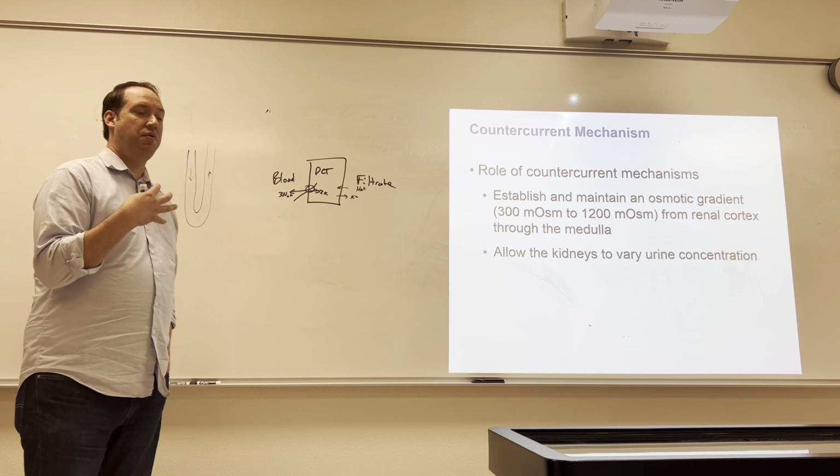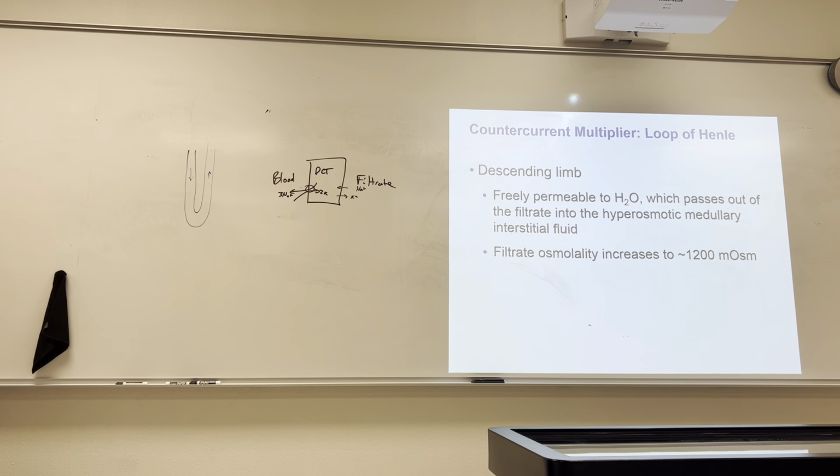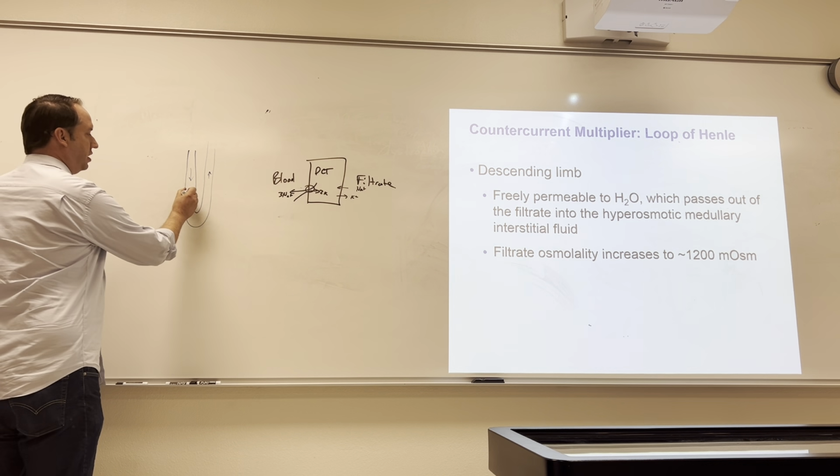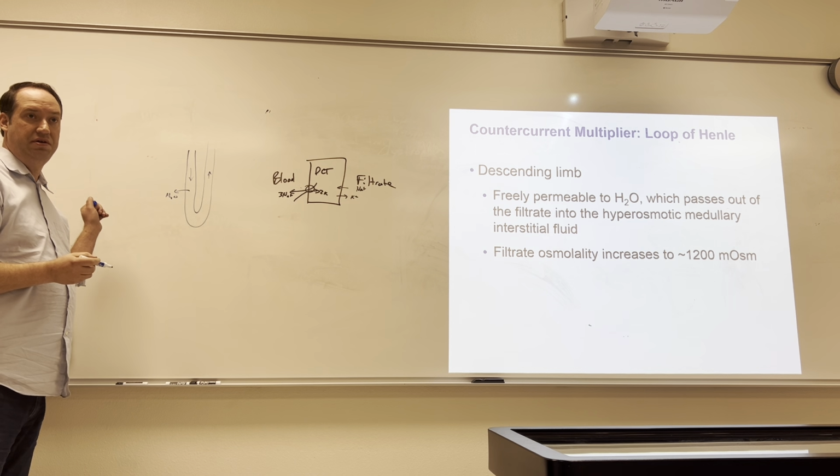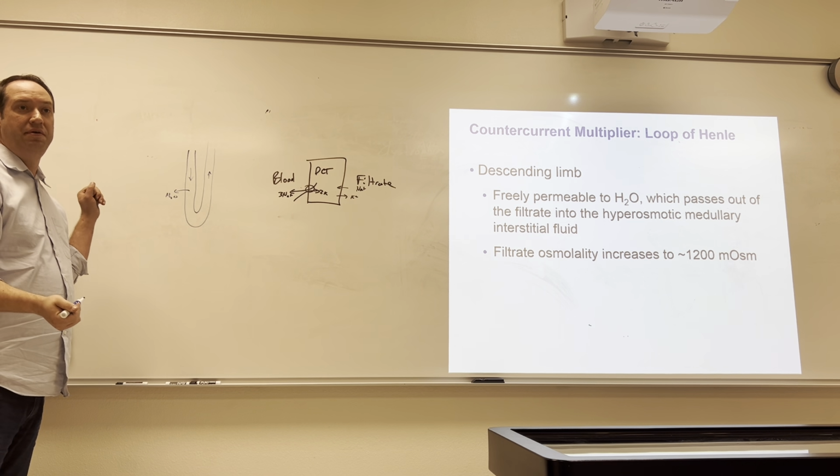Here at the nephron loop that makes this loop that goes down and back up, part of that nephron loop is permeable to water. The descending limb is only permeable to water. So that means that as this fluid goes down, the water goes out, but the stuff stays behind. It can't escape.